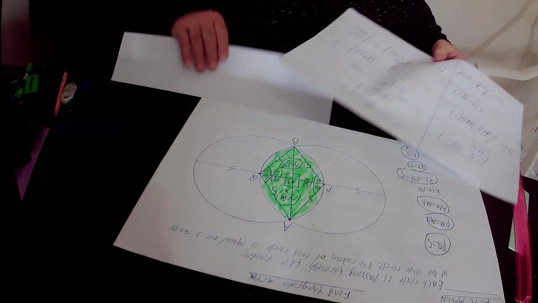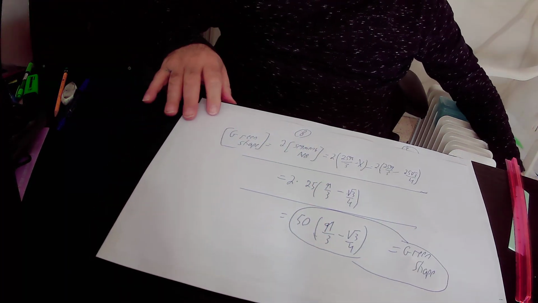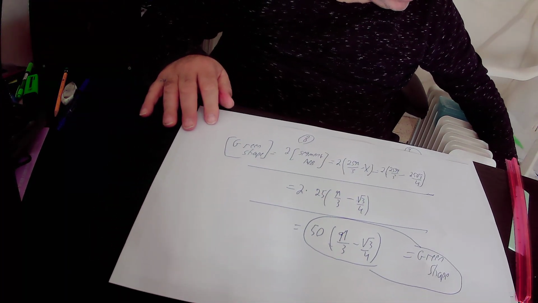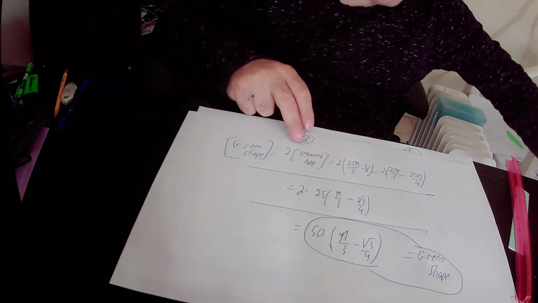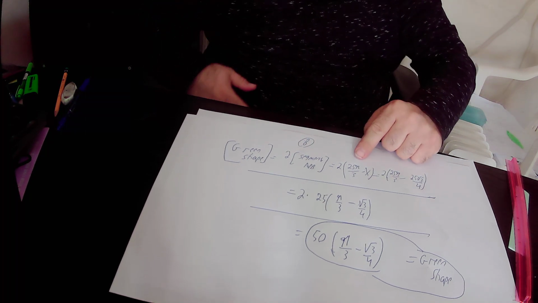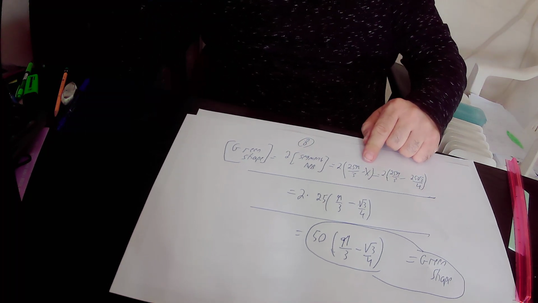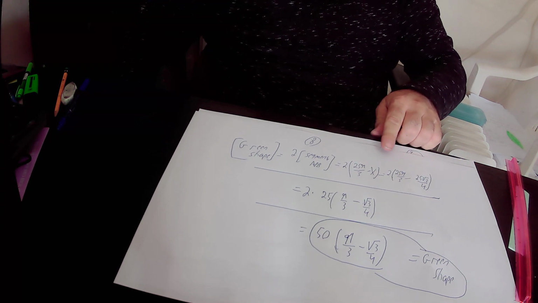So, the area of the green shape equals 2 times the area of segment APB, and the area of segment APB equals 25 pi over 3 minus x, so it is 2 times this expression.